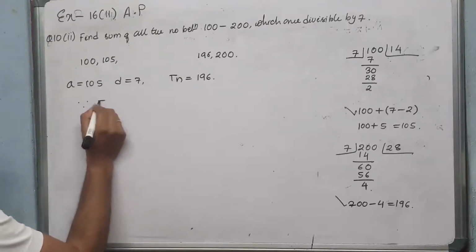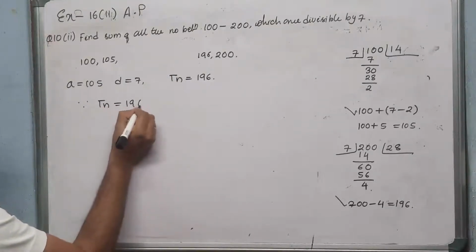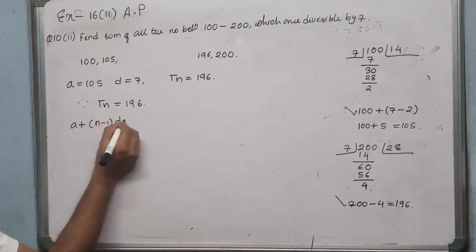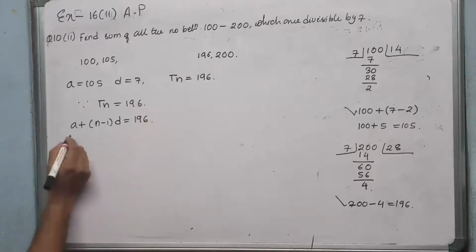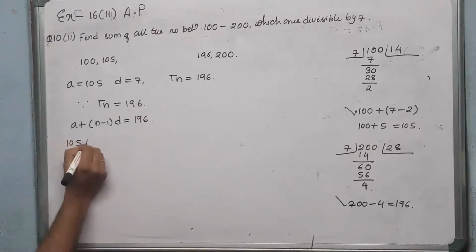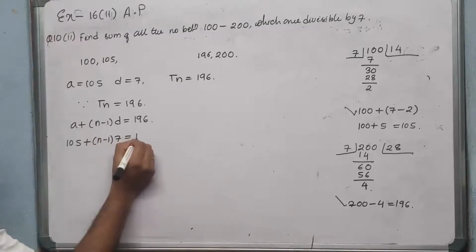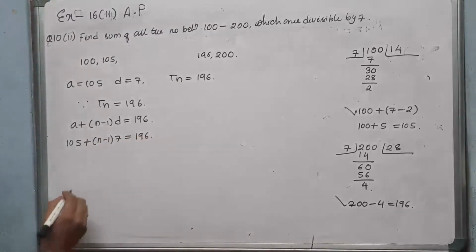Now using this relation, Tn is equal to 196. Tn formula is A plus n minus 1 into D is equal to 196. A is 105, plus n minus 1, D is 7, is equal to 196.